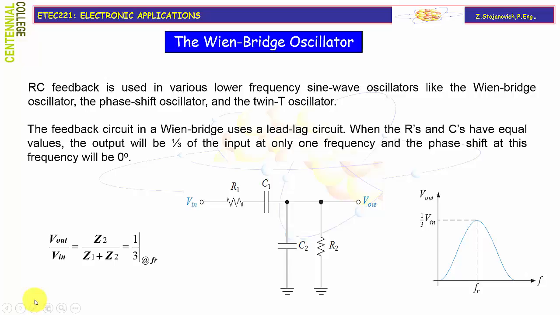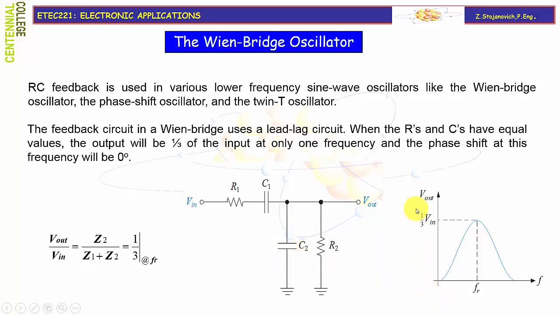If you look at the structure of that feedback circuitry, you will see that we have two complex impedances. The series impedance Z1 consists of the series combination of R1 and reactance C1, and the impedance Z2 is made of the parallel combination of the resistor R2 and reactance C2.